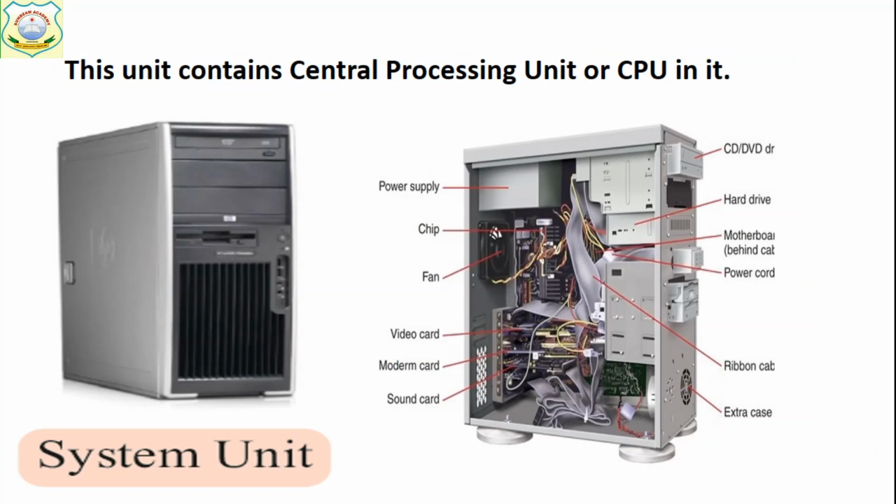Okay, now look at the picture. This is system unit. This is the outer view of system unit, and the second picture is showing what is inside the system unit. From outside it is like this, and from the inside view, see how many components are there.